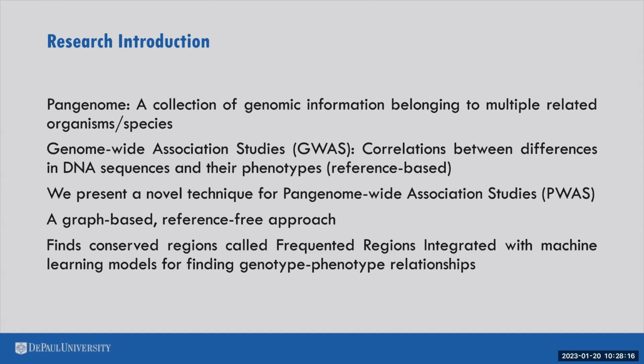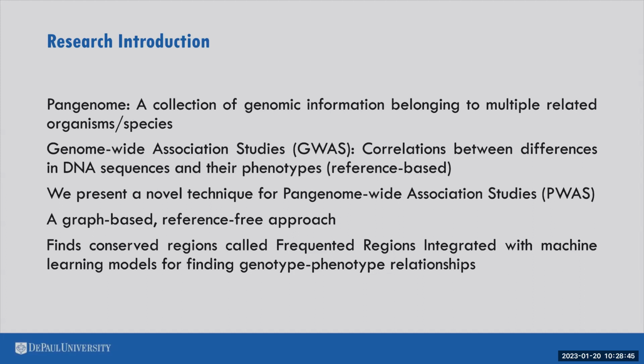Once we construct the graph, we can look for frequented regions. We named them frequented regions, but you can think of these as conserved regions in a set of genomes, right? To keep it more general, we just used frequented and not conserved.